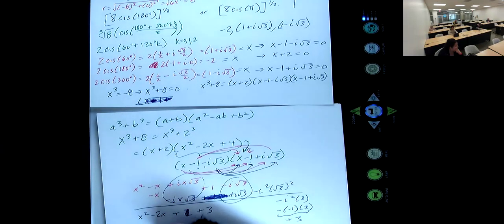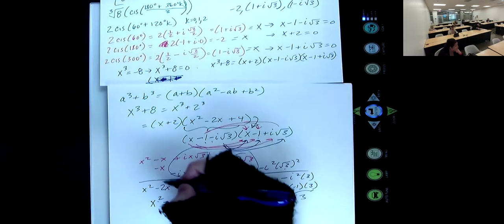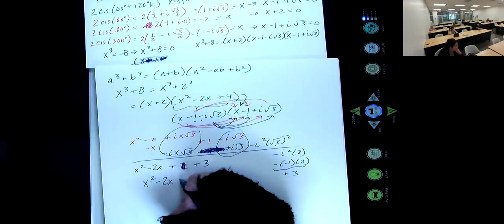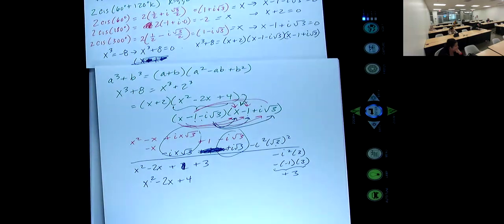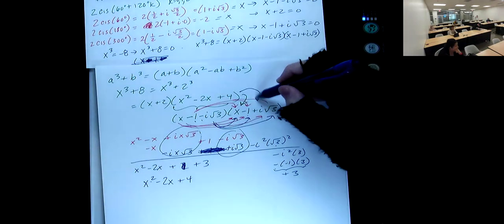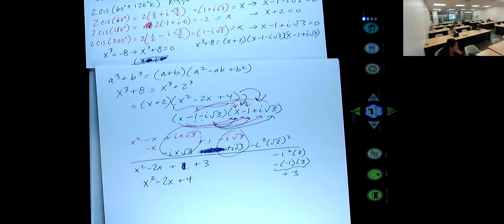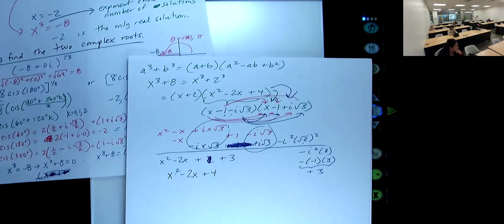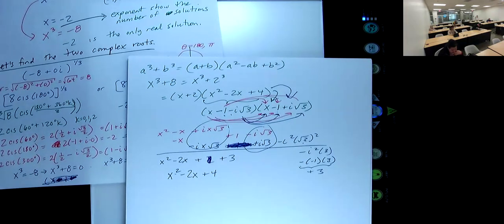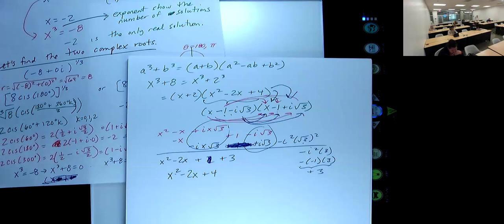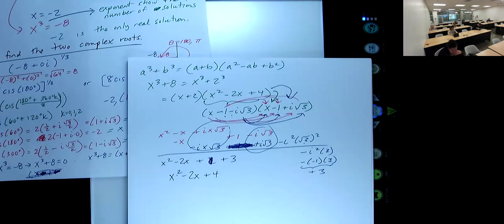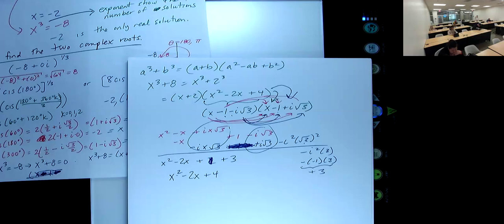And we did end up getting our x squared minus 2x plus 4; we multiplied it out. So this does factor to this, but there's no way you're going to get that without using de Moivre's theorem with the fractional exponent. It took doing this. That's crazy.